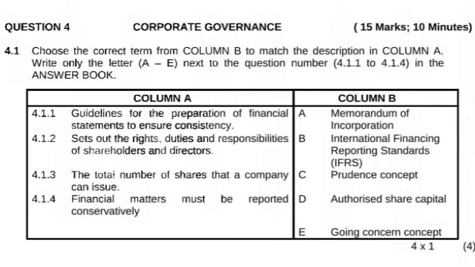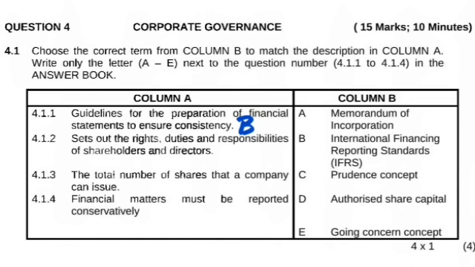So let's look at a question to see this in a question paper. In 4.1, they said choose the correct term from column B and match it to column A. In column A we have descriptions, and in column B we have some reporting and governance concepts. 4.1.1 says guidelines for the preparation of financial statements to ensure consistency. What do we call this? We call this the International Financial Reporting Standards, that is the IFRS.